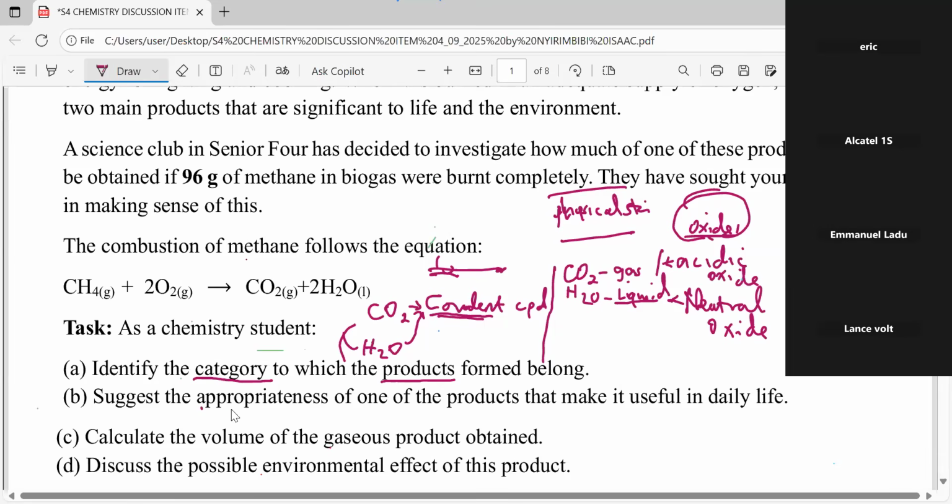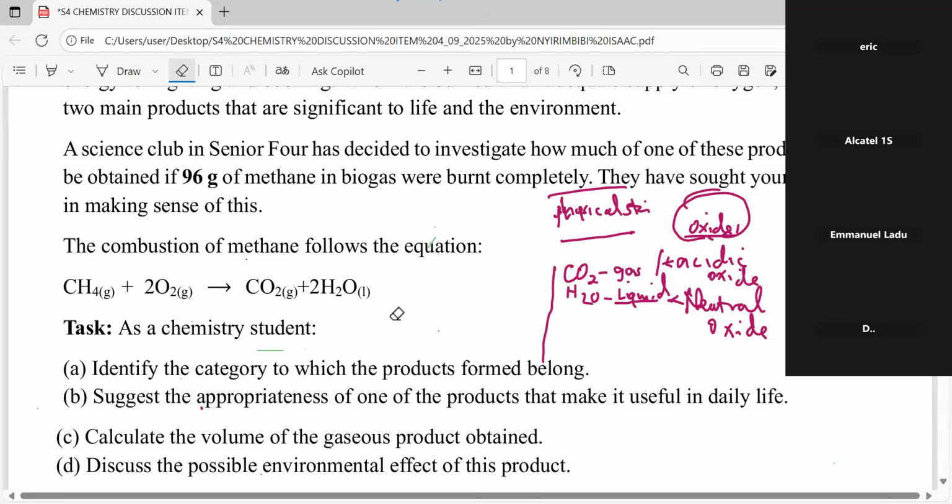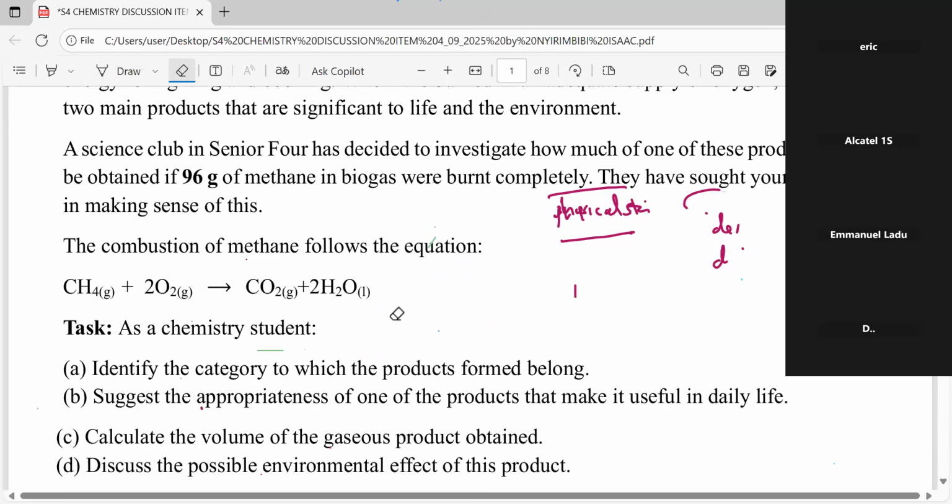Product useful of what? The appropriateness of what? Of carbon dioxide. Carbon dioxide is non-flammable. Do you want to end there? No, it is used in fire extinguishers to put off fire. It is denser than air.